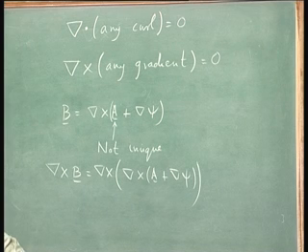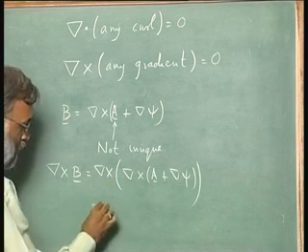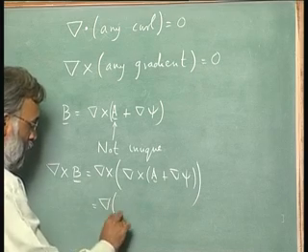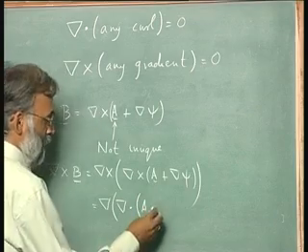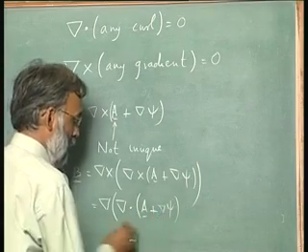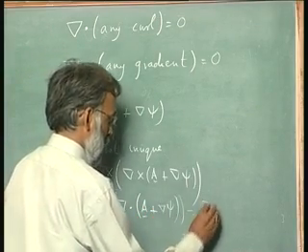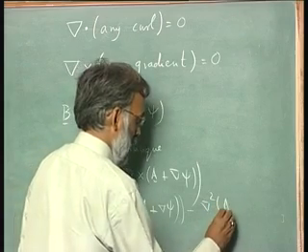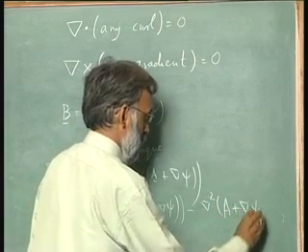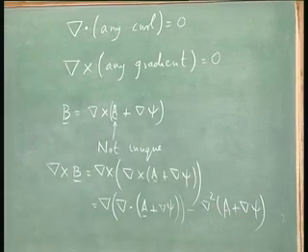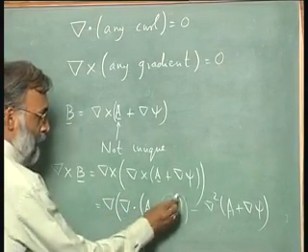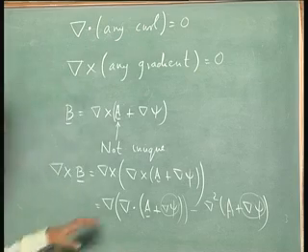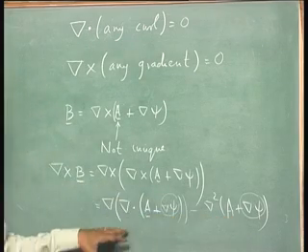Now, I am not going to give you the vector algebra right now, but it turns out that this is equal to gradient of the divergence of A plus grad psi minus del squared of A plus grad psi. And because of this, you can use grad psi to adjust the values that are present here.